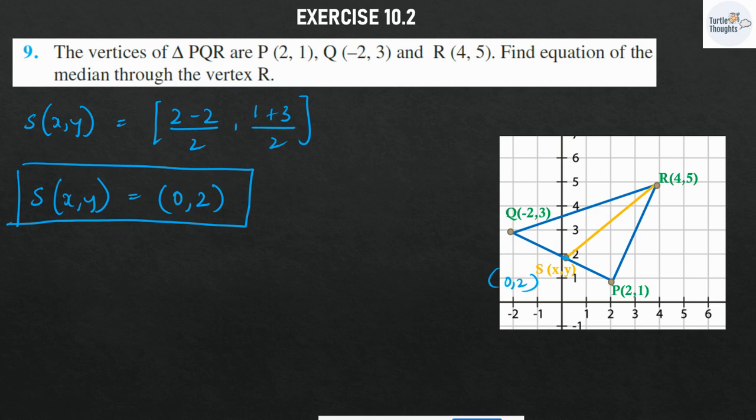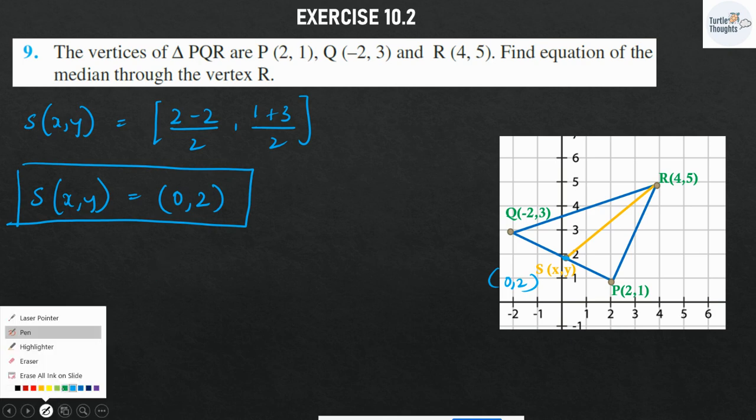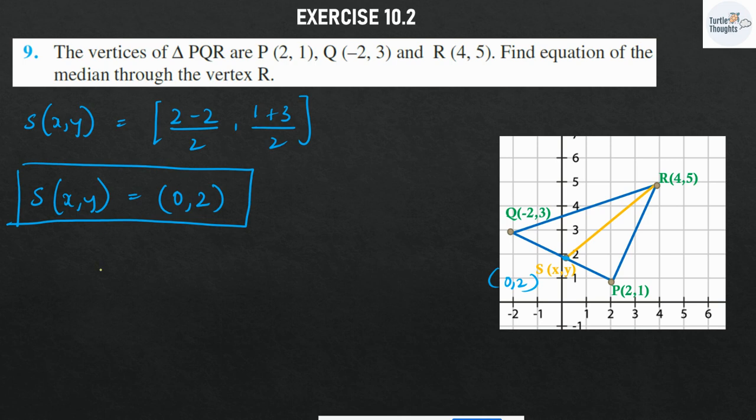Now I have to find the equation of the line RS. Which formula can I use? Can I use (y - y1)/(y2 - y1) = (x - x1)/(x2 - x1)? This is the two point formula, when we know 2 points.